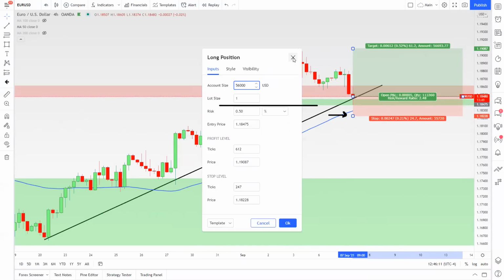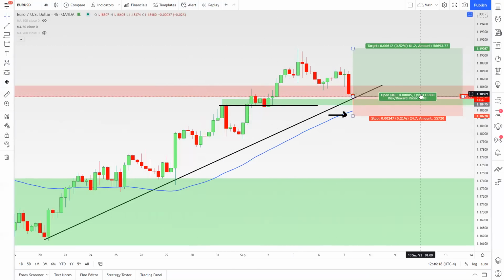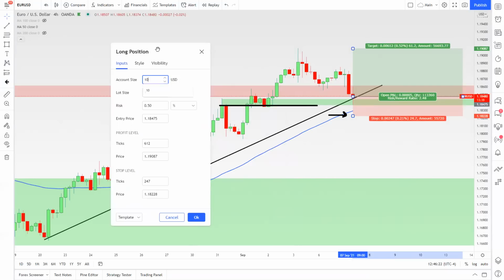This is also a cool feature. Check this out. This might be one of the most helpful things that this tool has available to you. Let's say you punch in, you've got a $1,000 account, and let's say I want to risk 1% on this trade. So I punch in $1,000 account, a 1% risk.